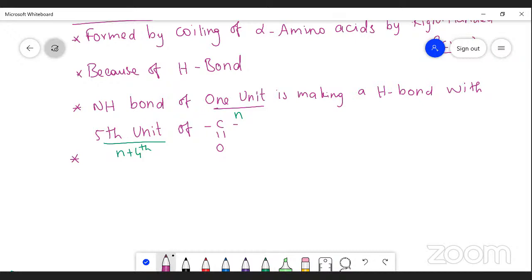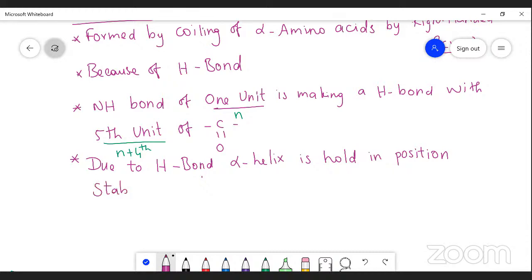Now, due to this hydrogen bond, the alpha helix structure is held in position and stabilized.